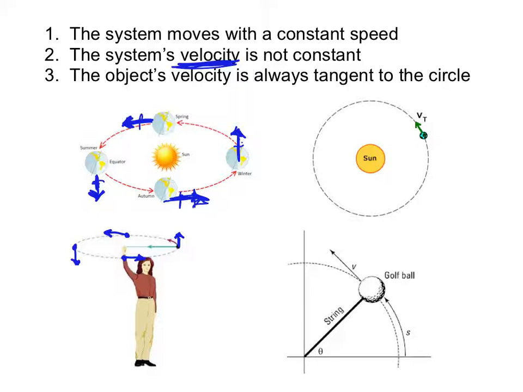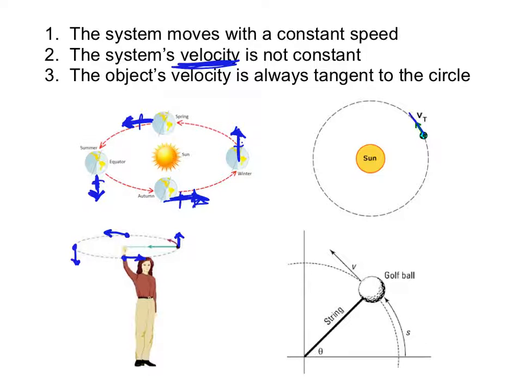So it's possible for an object to have a constant speed, yet travel in a different direction at all times. The third thing here that I want to elaborate on is that the object's velocity is always tangent to the circle.